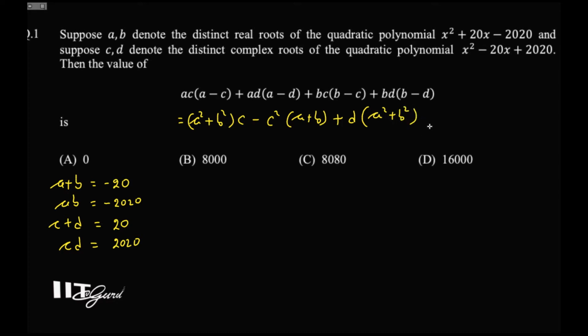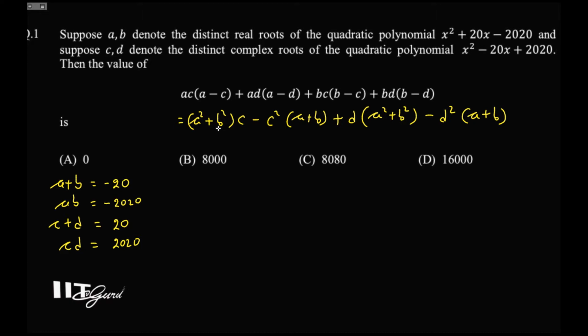Then minus, when you take D square common, D square times A plus B.